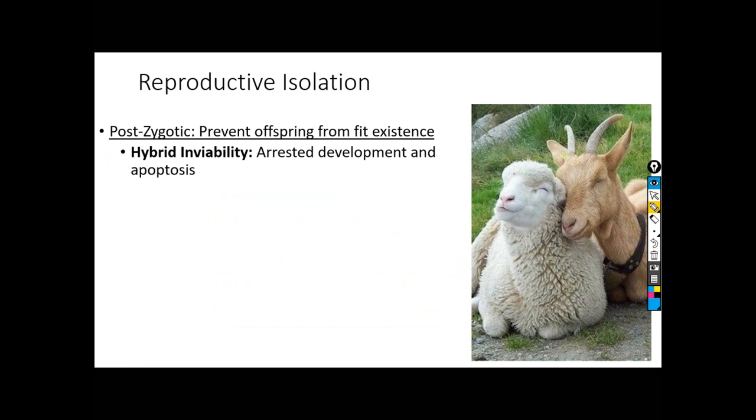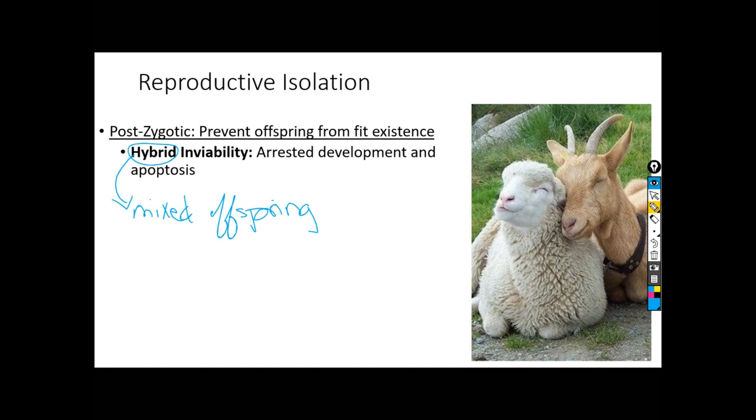When I use the term hybrid here, this is our mixed offspring, referring to the offspring between two different species or two populations that are turning into species. So in this case, our brown and our green, or the baby between the robin and the warbler. That would be a hybrid.